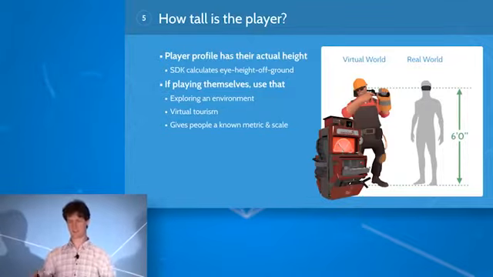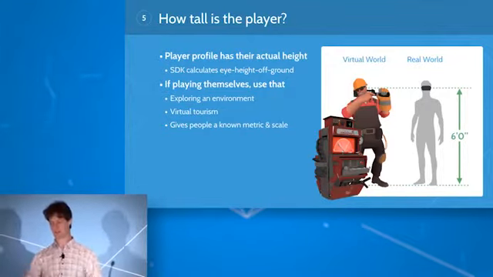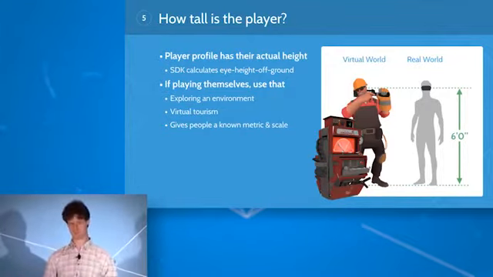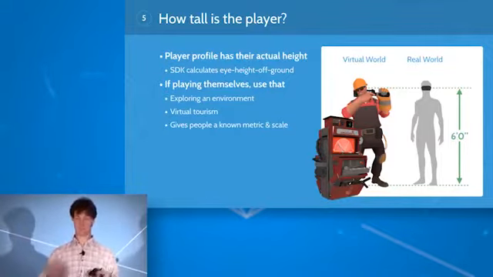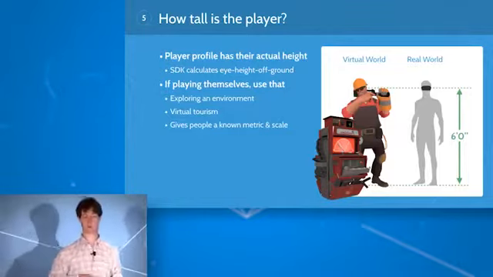And the SDK says, okay, your real world player is really this tall off the ground. Now, if they're playing themselves in VR, for example, they're wandering around a museum, or they're meeting other real-world people, or they're just exploring a space, then absolutely use this.